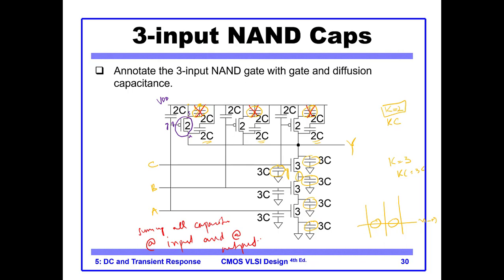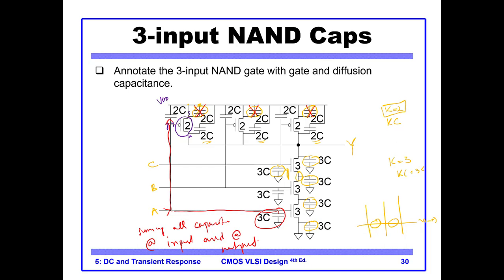So looking at the input, for example input A, I see a 3C capacitance here, and I see a 2C capacitance here. Okay, so these two are essentially in parallel, so I can add them up. When I look into the input A, the total capacitance that I see is 2C plus 3C, which is 5C.